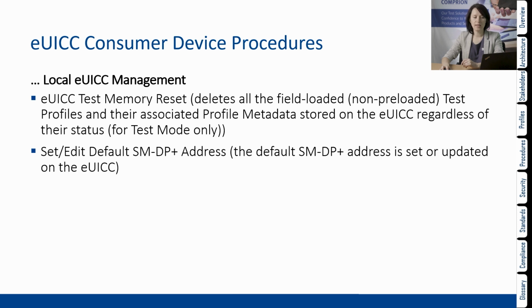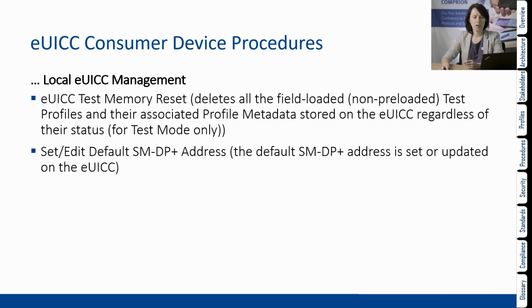Then there is the function of setting and editing of the default SM-DP+ address. You will know that there are three ways to initiate the profile download, and it's always important to know there are different ways to get to it. So it's important to know the SM-DP+ address to download the profile from this specific SM-DP+.